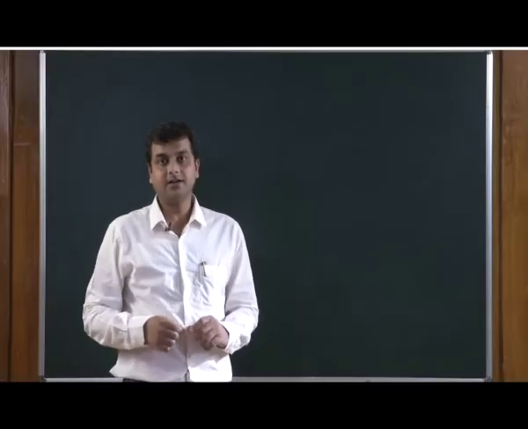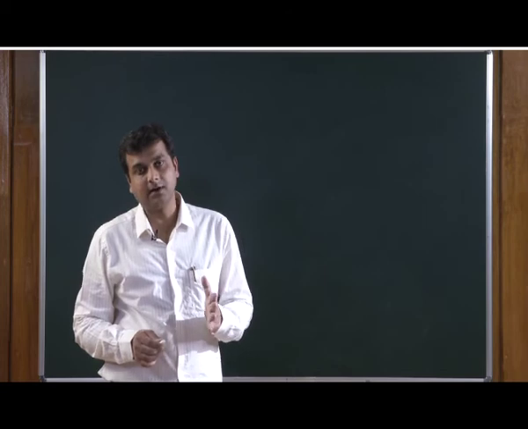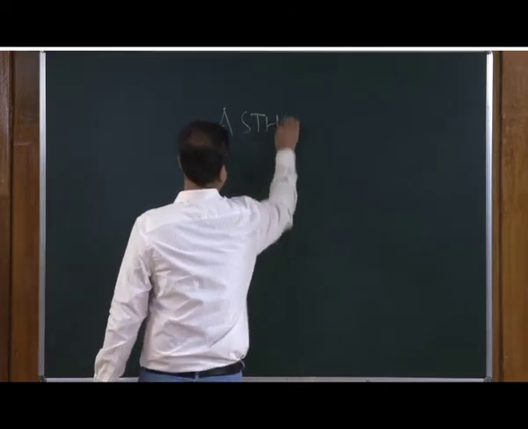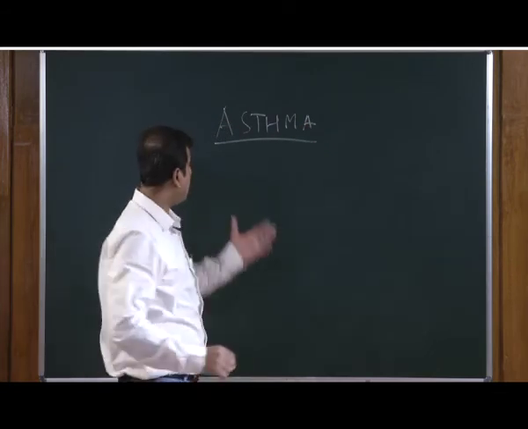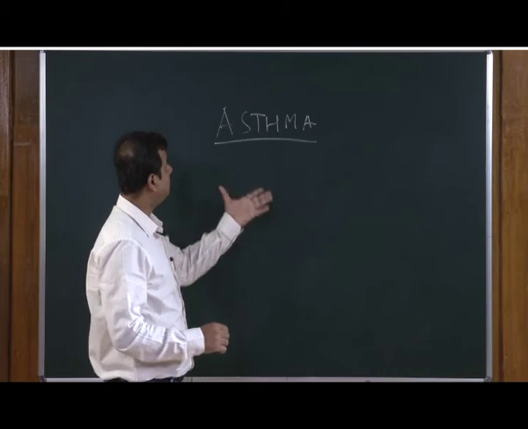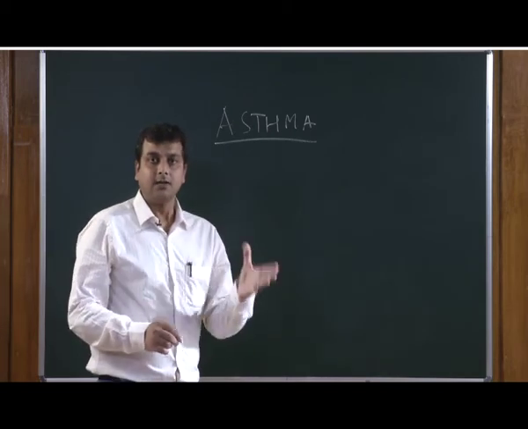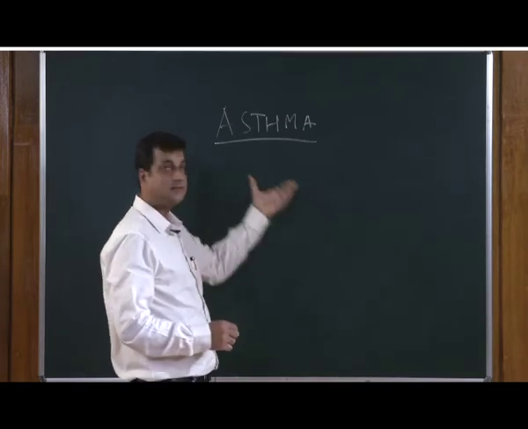Another condition which we need to understand, apart from pneumonia and emphysema, is asthma. We are not going to talk much about asthma in detail, but just to get an understanding of the terminology, asthma is a kind of inflammation.